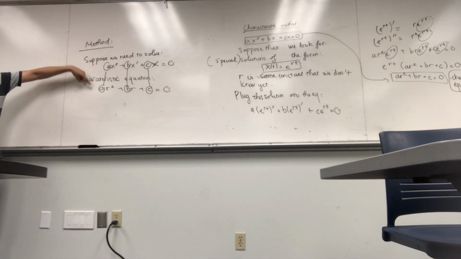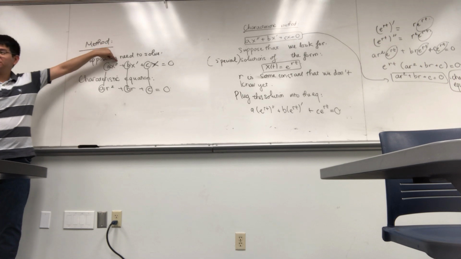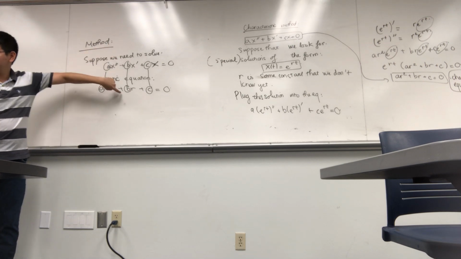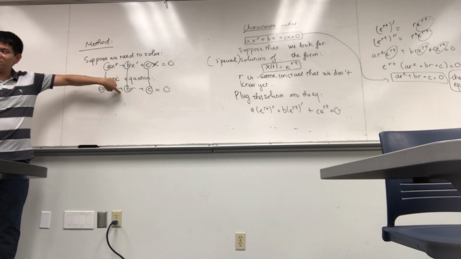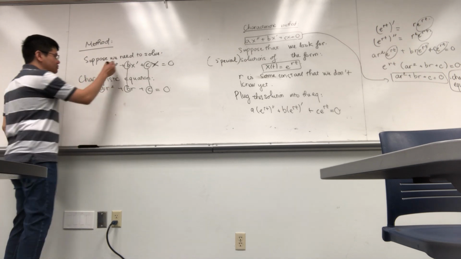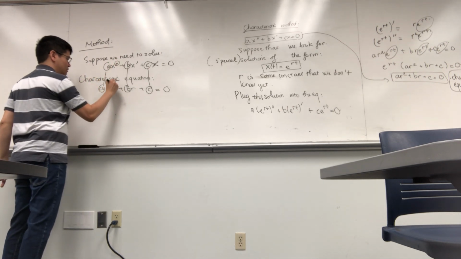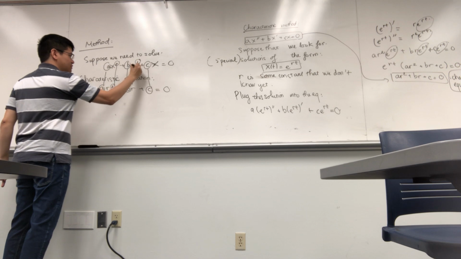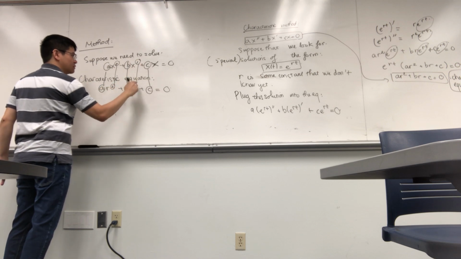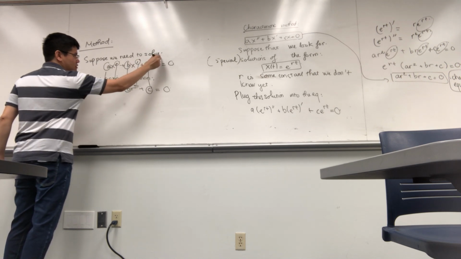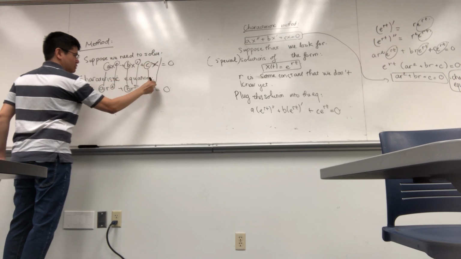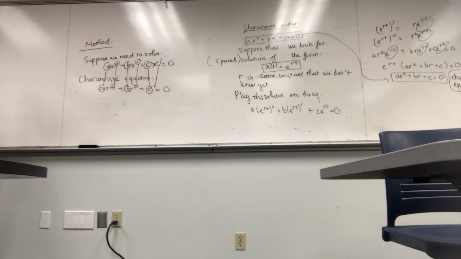So you keep all of the a, b, c, and then the second derivative will become a second degree polynomial. Right? So the second derivative will go here, the first derivative will go here, and then the zero derivative will go here. Right? This is how you write a characteristic equation.